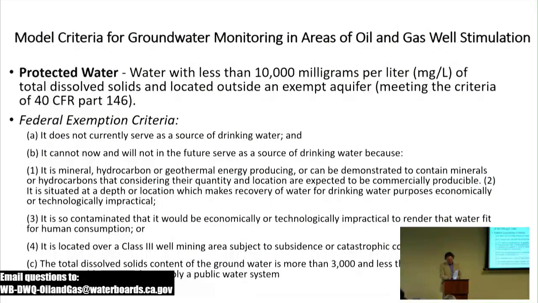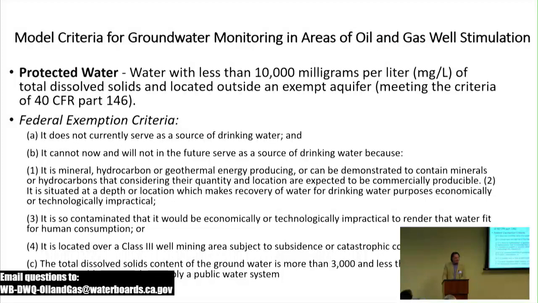Okay, don't bother reading the federal definition. The next speaker is going to be going in more there. It's more of a prop. So to the matter at hand, the definition of protected waters.